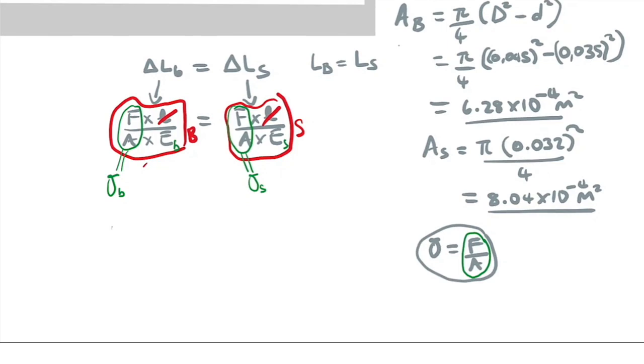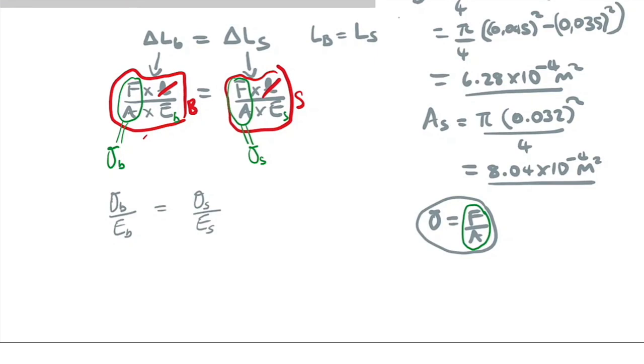It is the stress for the brass divided by Young modulus for the brass is equal to the stress for the steel divided by Young modulus for the steel.